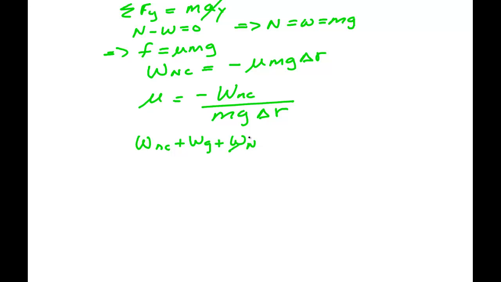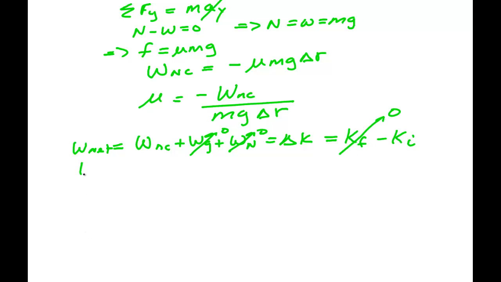That's 0, that's 0, that W net is equal to delta K, which is K final minus K initial. But it stops at the end. It's at rest. So W non-conservative is minus 1/2 the mass times the initial speed squared.